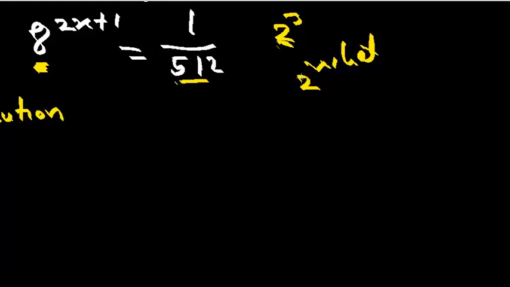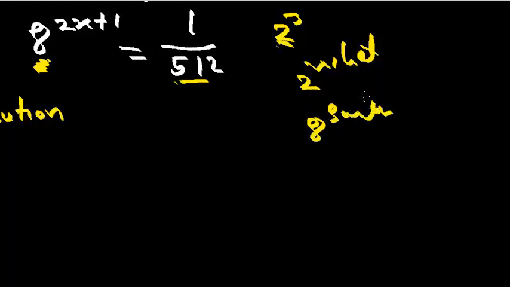Then you check for 2 exponent what value will give you 512, right? Also, you can leave the 8 as it is and check to see whether you can express 512 in terms of 8. That is, whether you will get 8 exponent something, right?